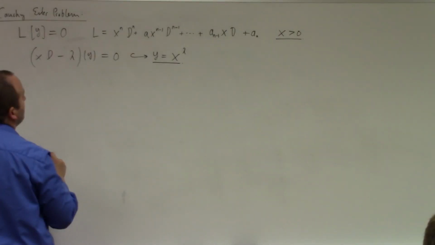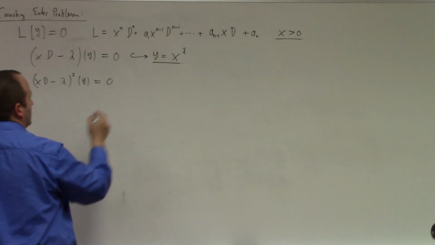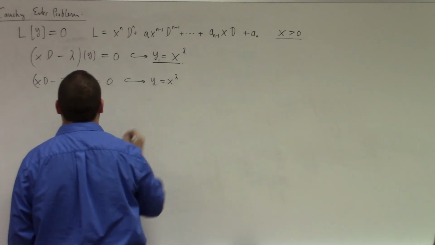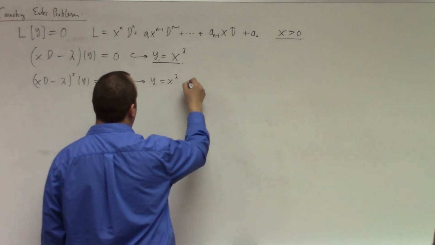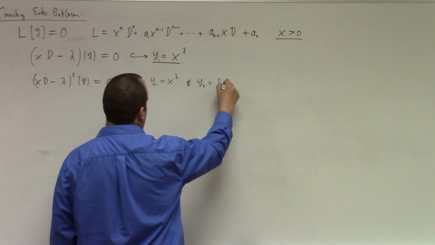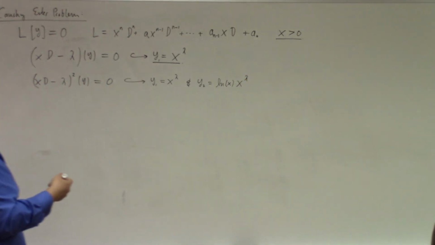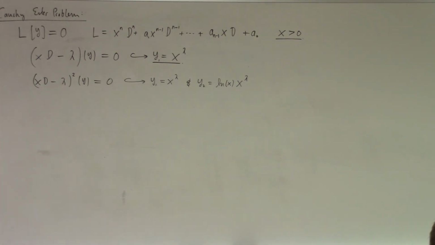And if we have xd minus lambda squared, what's that give us? We still have x to lambda, and what else do we have? y2, yeah, natural log of x times x to lambda. Assuming, of course, lambda is real.